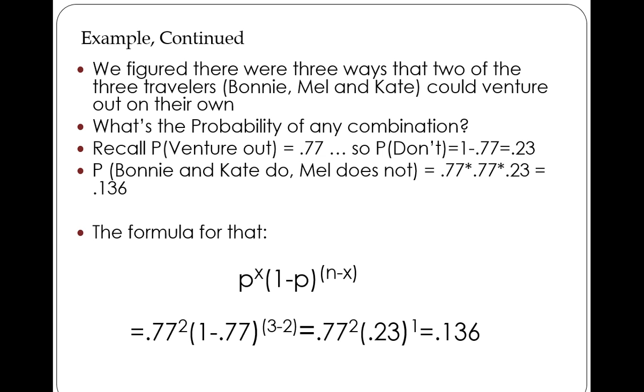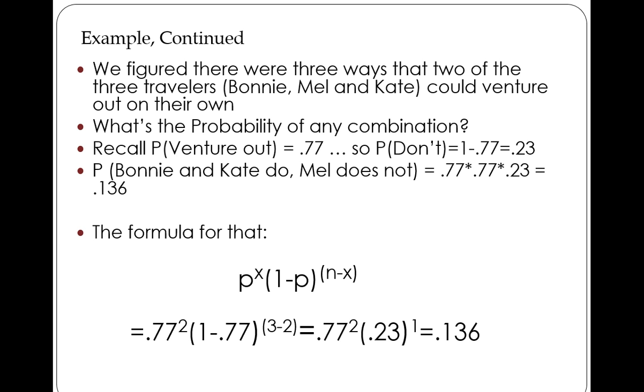Now, we figured out that there are 3 ways, but what's the probability of any one of those combinations? Recall that the probability of one of them venturing out is 77%. So the probability that someone doesn't is 1 minus 77%, or 23%. Let's think about if Bonnie and Kate do and Mel doesn't.